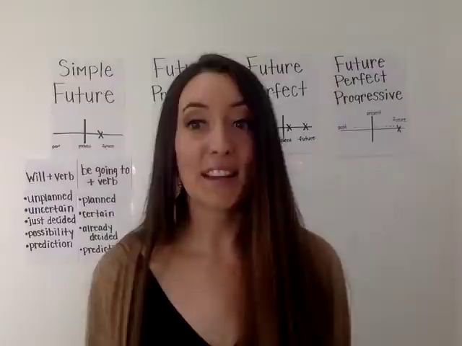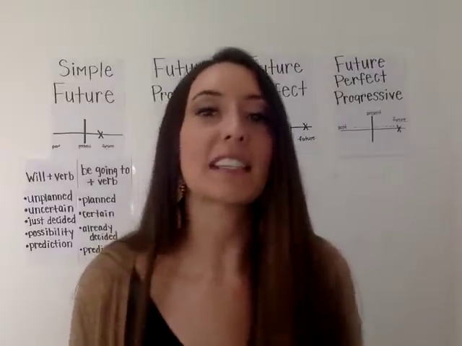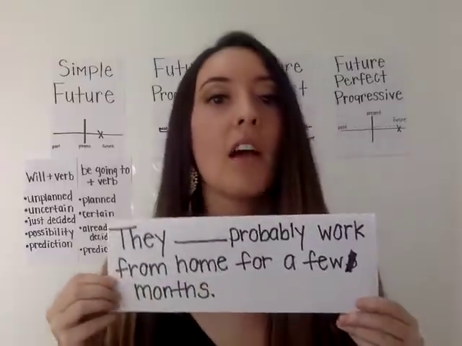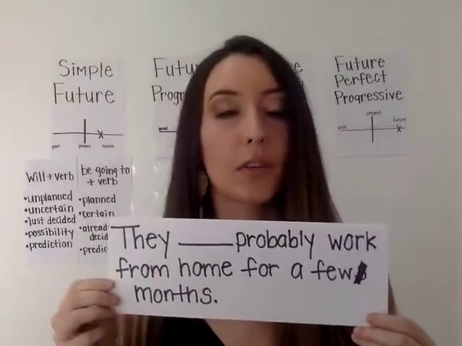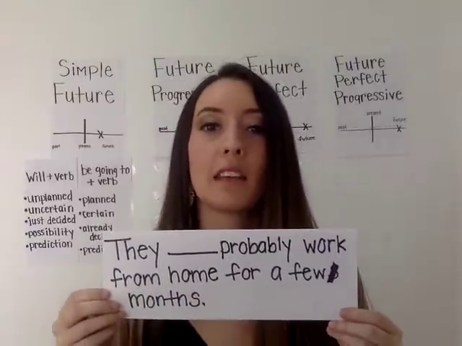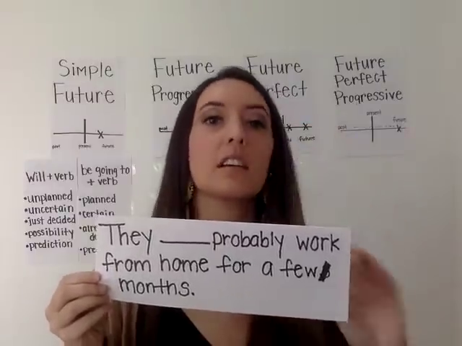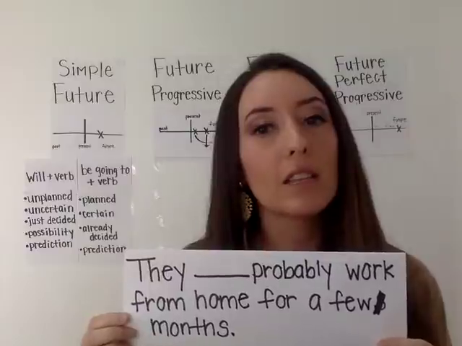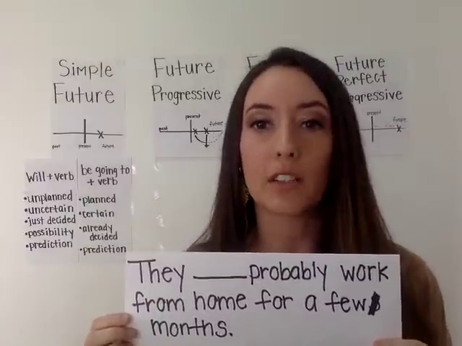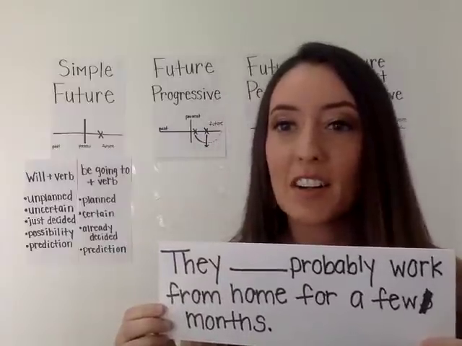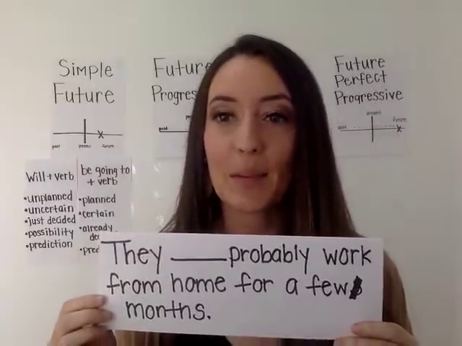Okay, are you ready? Your first example is, they, blank, probably work from home for a few months. Would we use will or would we use be going to? Type what you think in the chat box. I'll give you just a few seconds to type your answers.